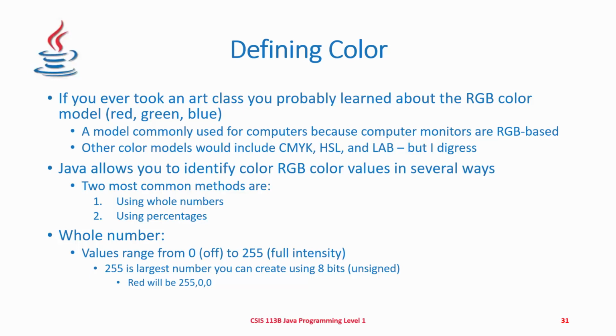And if you're wondering why, if you don't remember back to your binary math, 2 to the 8th power, you have the numeric range of 0 to 255, and so RGB color uses 8 bits unsigned to represent the actual values within the CPU, or the graphics card, really.